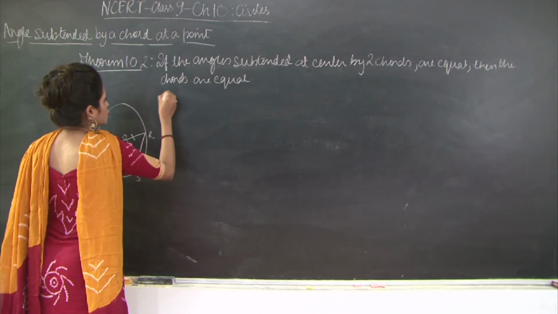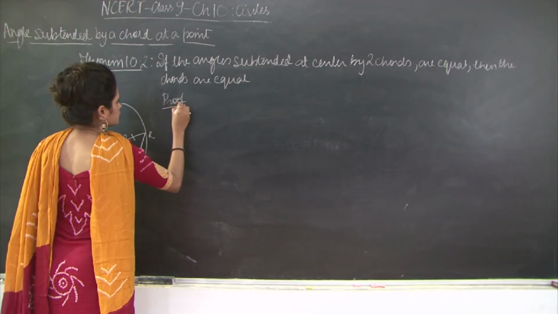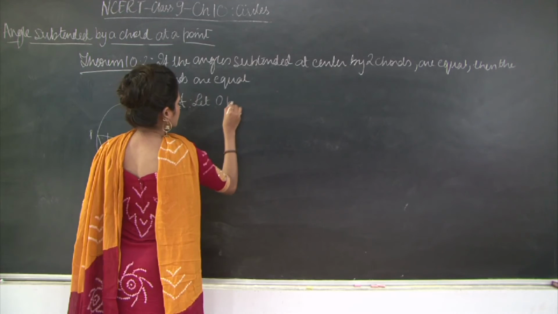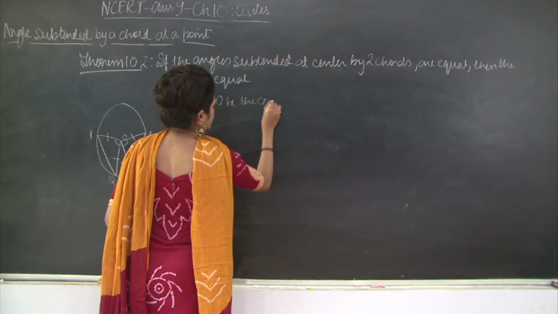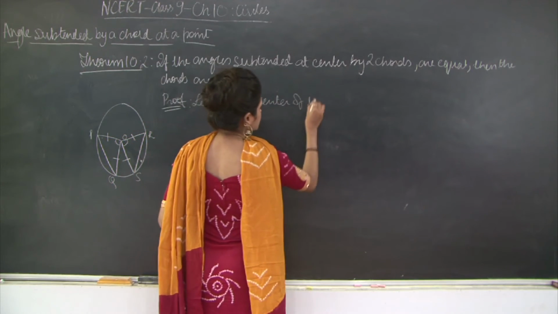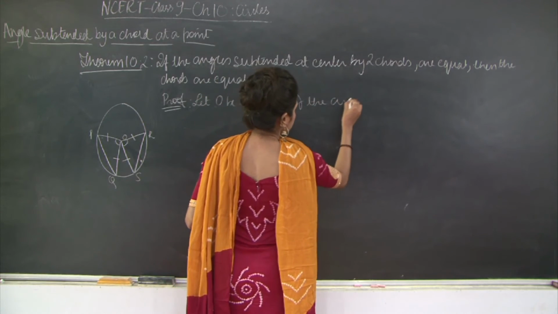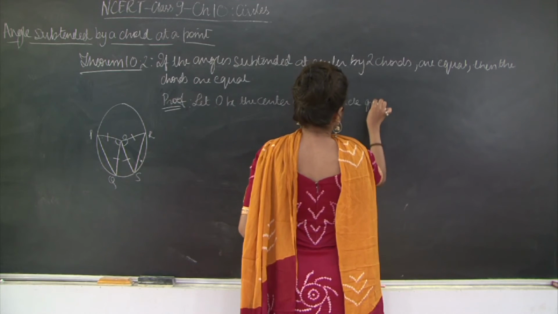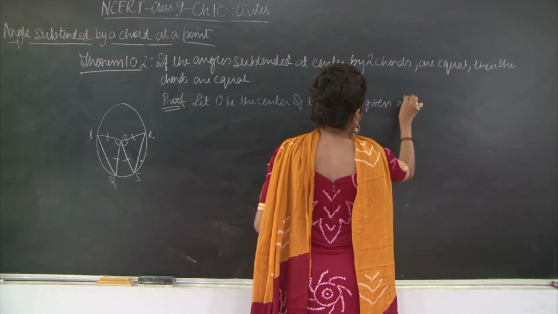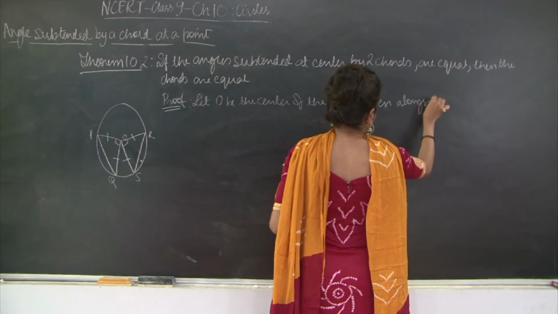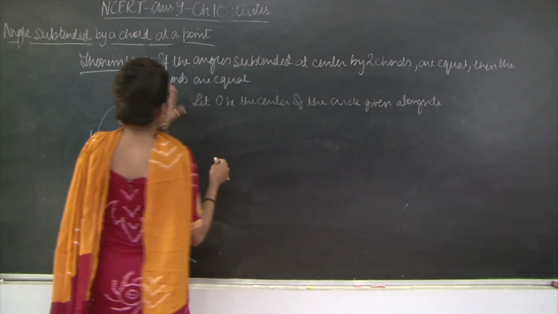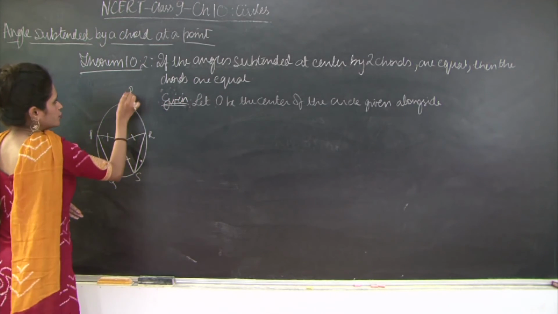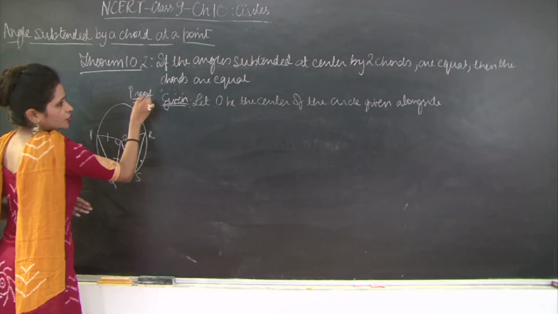So, I will say proof. Let O be the center of the circle, given alongside. So, in the proof this is given. I will say proof here. Okay.